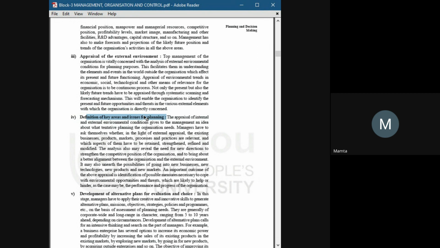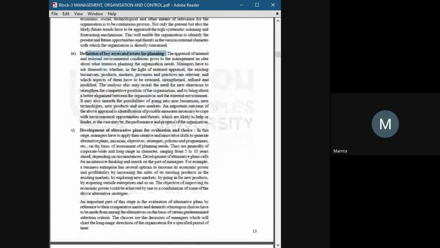So managers have to ask themselves whether, in the light of external appraisal, the existing business products, markets, processes and practices are relevant, and which aspects of them have to be retained, strengthened, refined, or modified accordingly. So in this area, we define the key areas and issues for planning.